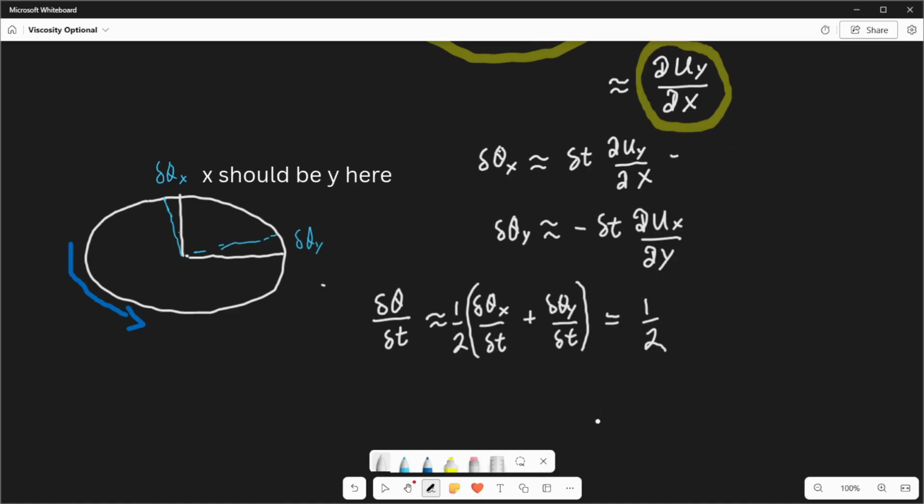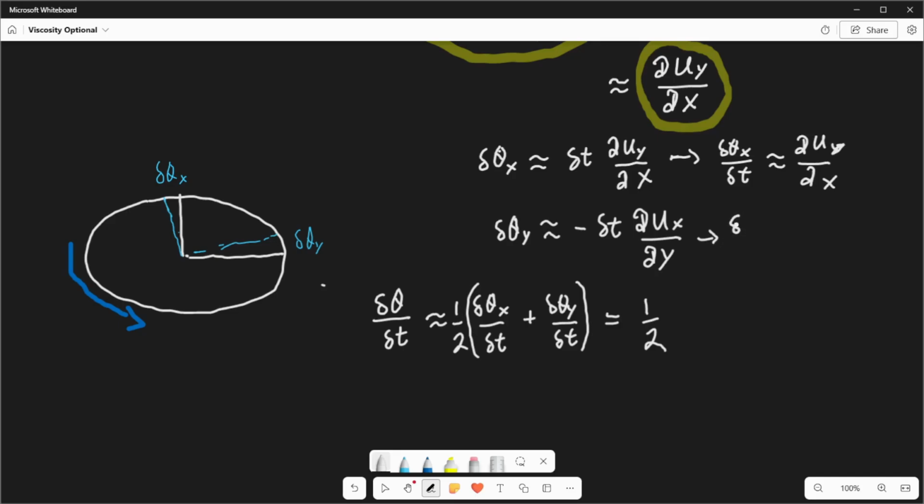So delta theta x over delta t is going to basically go like d u y d x. Supposed to be y d x. And this thing, same basic idea.